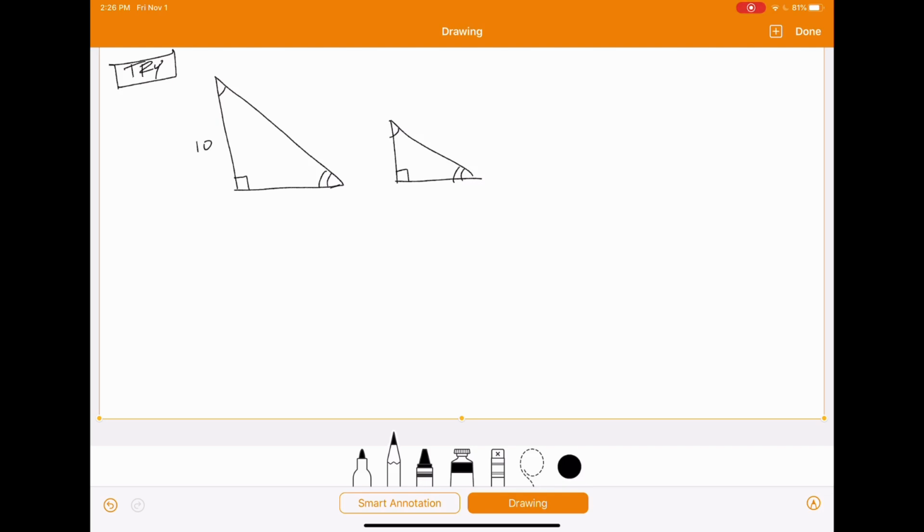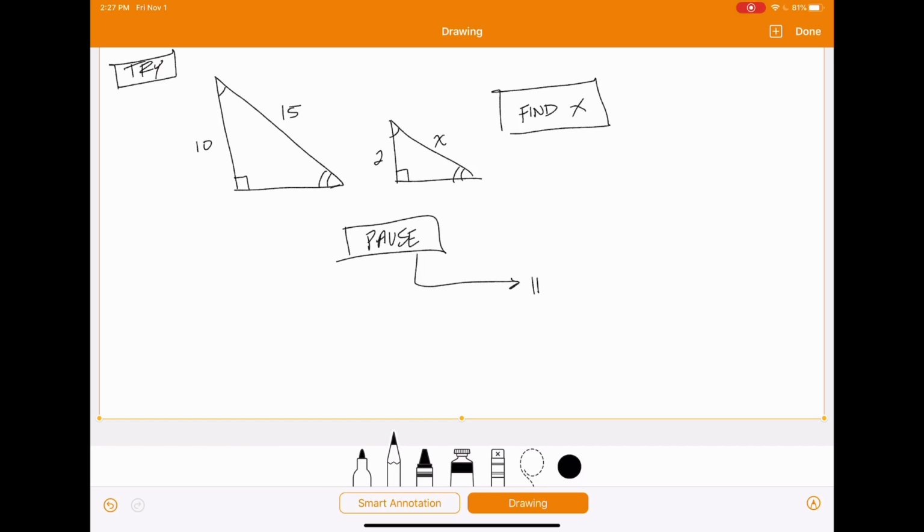This side equals 10, this equals 15, and this equals 2, and you're solving for this side x. So find x. All right, so you go ahead and pause the video now, and it'll be number 8 on the solution.